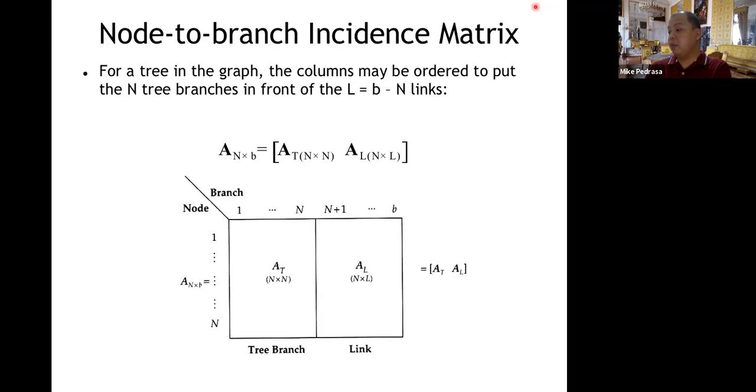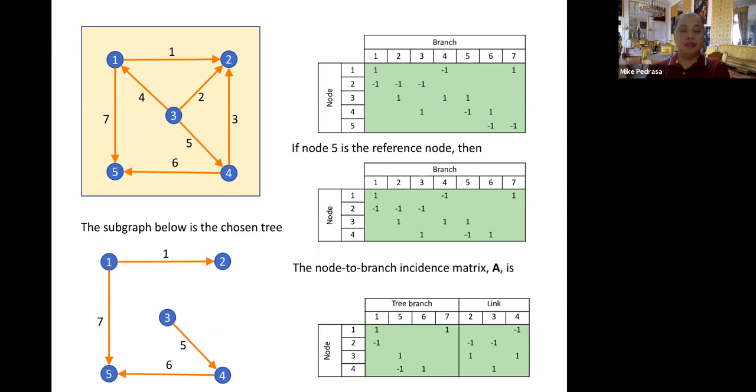So I'll give you an example at this point. This one here. The matrix is the green block. Here for our graph, we have 7 branches, and we have 5 nodes. Here we can see that branch 1 is connected to nodes 1 and 2.